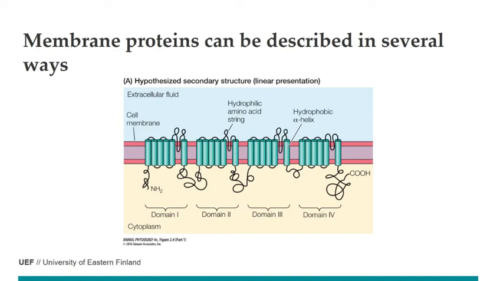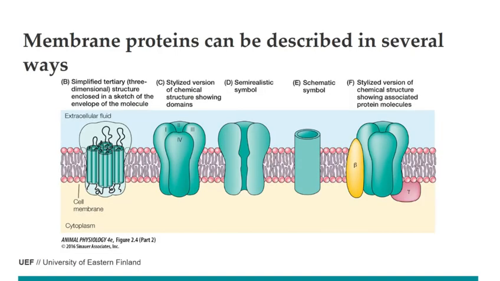So we can actually have very detailed structures described in these kinds of pictures. But then we have other ways, because when we have these four times six transmembrane helices, they are always, of course, making some kind of three-dimensional structure.